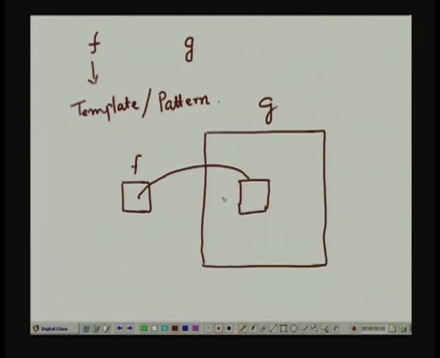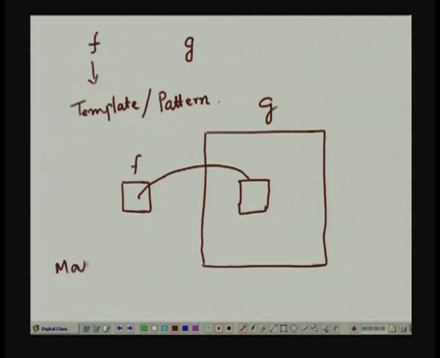To find out where the template F matches best in the given image G, we need some measure of matching, which may be termed a mismatch measure, or the opposite of this, a match measure or similarity measure.